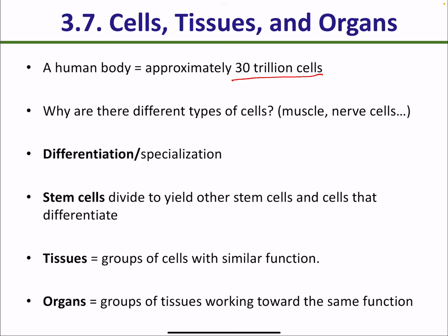The answer is differentiation or specialization. Well, let's step back a minute. What is differentiation? In the muscle cell, compared to a nerve cell, you have a number of genes that are expressed in muscle cells that are not expressed in nerve cells.